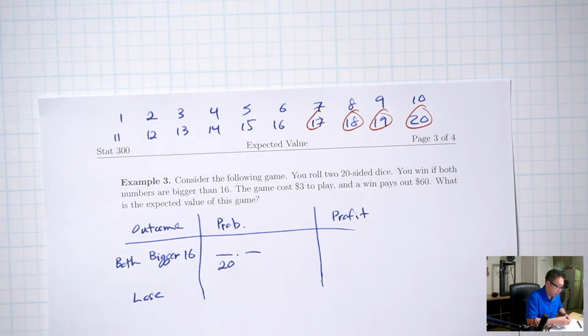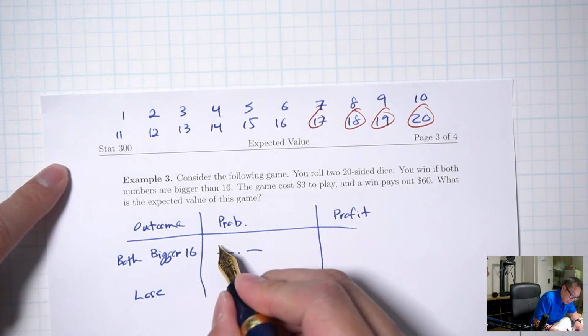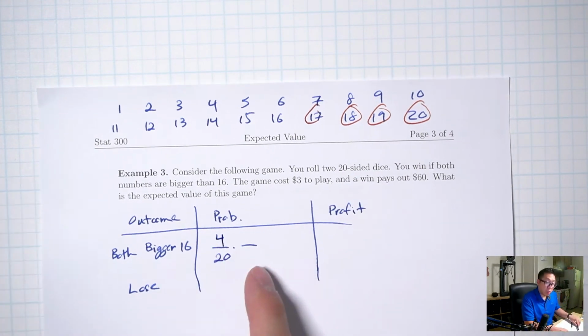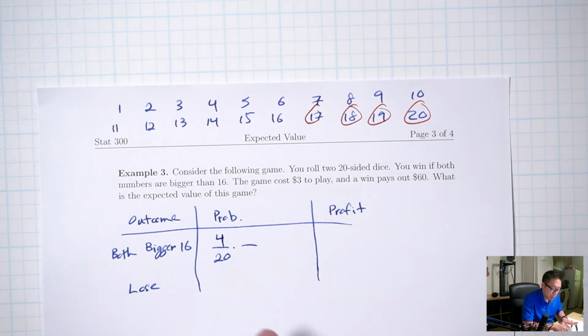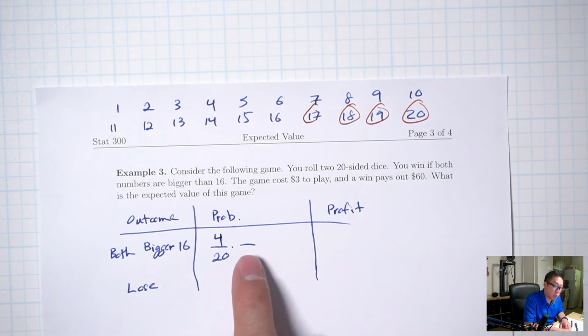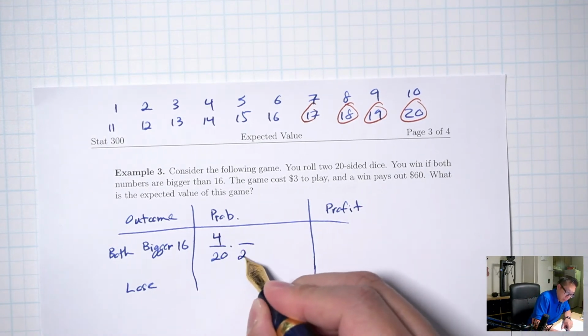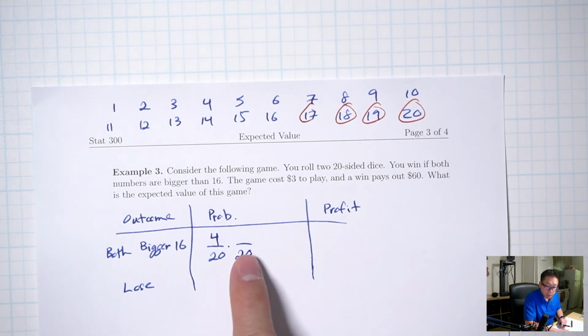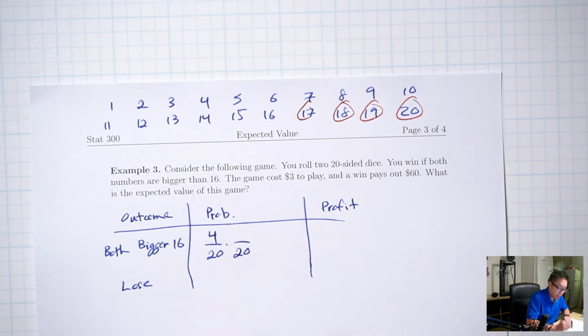Four. Second one, I also want to be bigger than 16. Now, remember, dice is the only situation where you don't reduce for the second fraction, so the bottom's still going to be 20. Bigger than 16, still going to be 4.